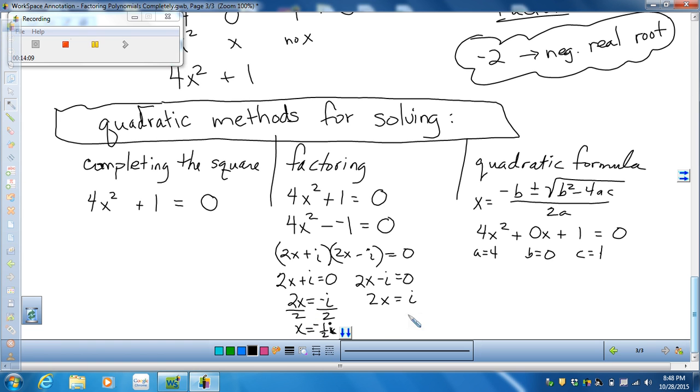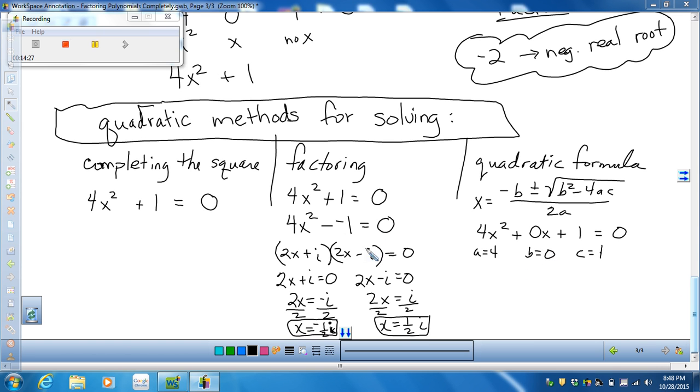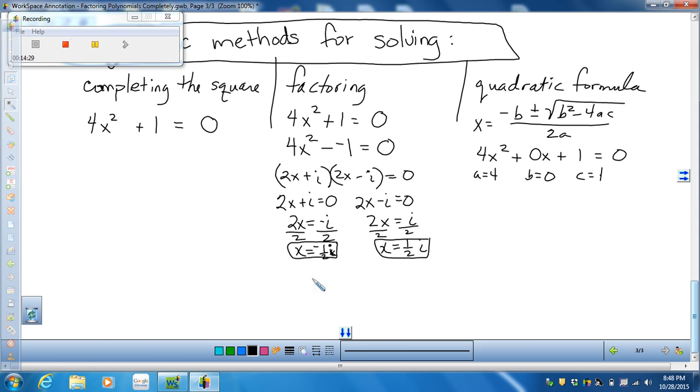And the other one, x is equal to +1/2 i. Okay, those are our 2 solutions. If you're writing them as factors, that would be x plus 1/2 i and x minus 1/2 i.